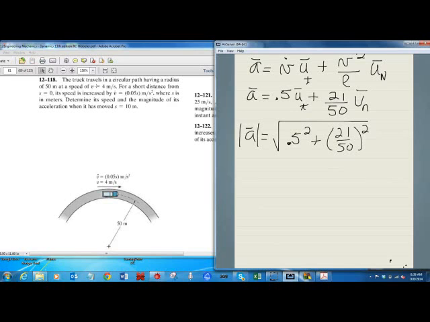A circular path: if you know the path, that's a dead giveaway. If you did not know what path it is on, would you use tangent normal? Nope. Because you've got to know the path.